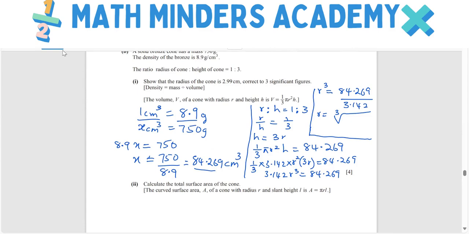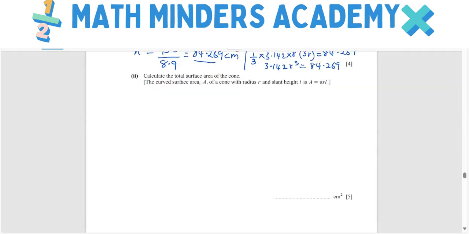We get 26.82. So the cube root of 26.82 is 2.9933 and some other numbers, and this to 3 significant figures is actually going to be 2.99, which is what we are asked to show.